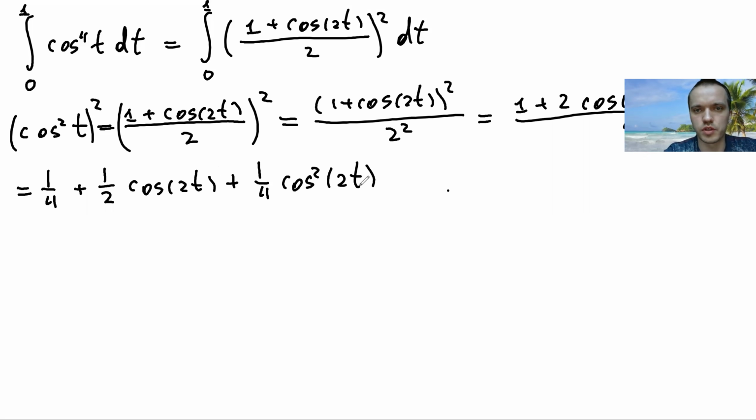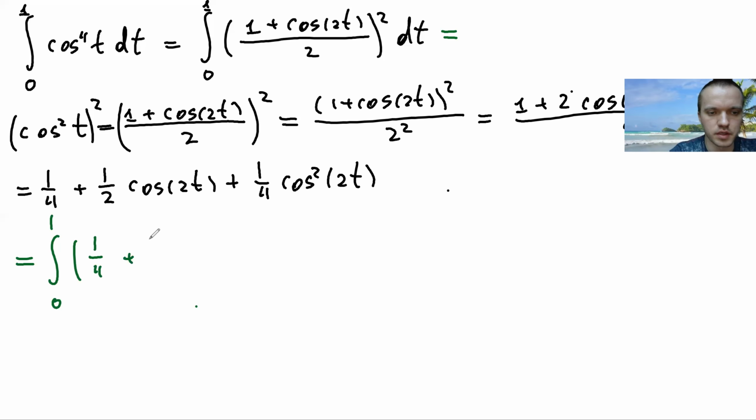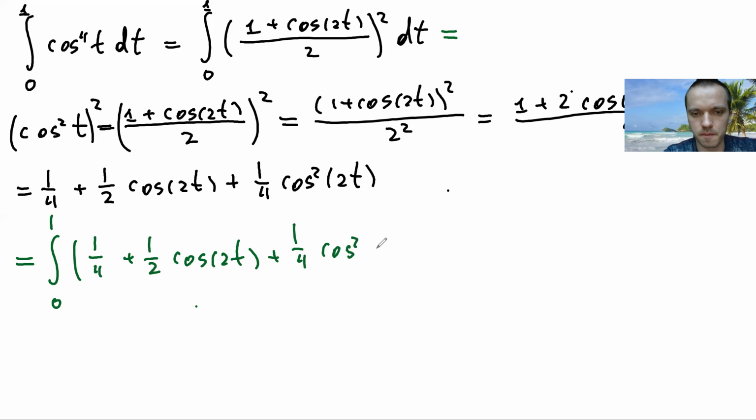So what we just did is compute the expression inside our integral. In other words, this integral is going to split as a sum of 3 integrals. We have the integral from 0 to 1 of 1/4 plus 1/2 cosine 2t plus 1/4 cosine squared 2t dt.